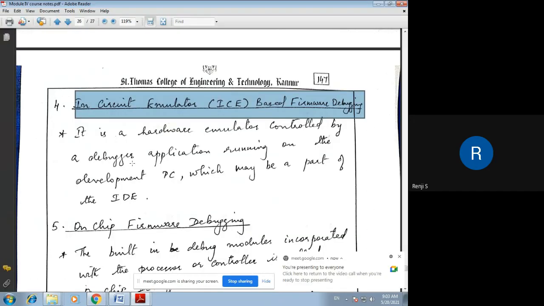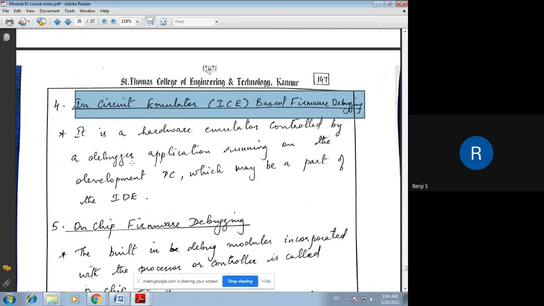So the fourth technique is in-circuit emulator ICE based firmware debugging. Here you have a hardware emulator. It is a device that can be used instead of the target board. Instead of the actual target board, the emulator hardware, which is controlled by a debugger application running on the PC, will help us to find out the errors in the firmware.